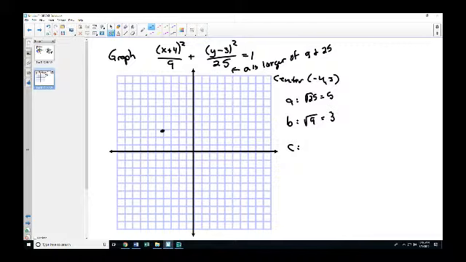And then C, the formula that I told you existed is this one. So it could be, that's just 9. C squared is 16. Is that right?